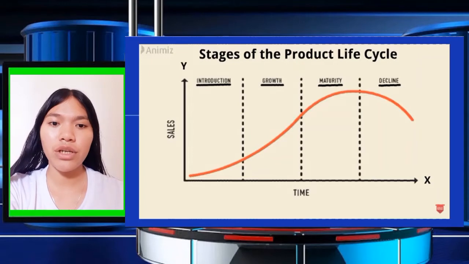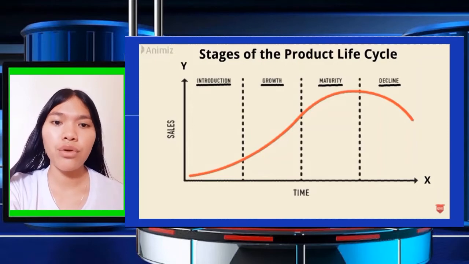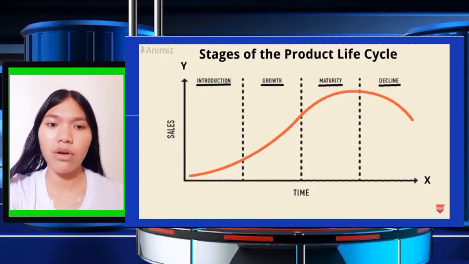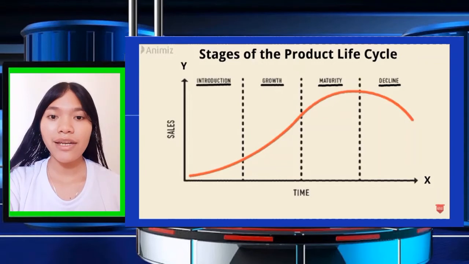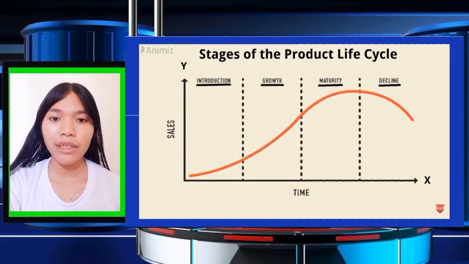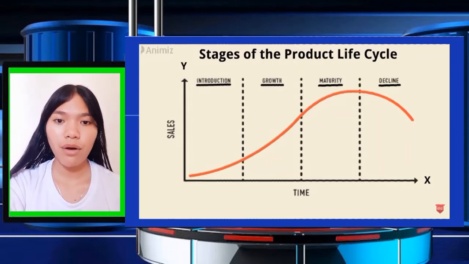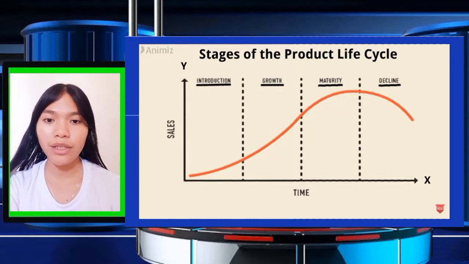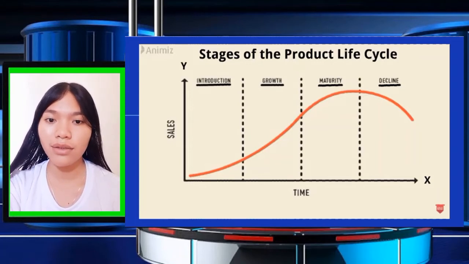If the competition of the product becomes high, the company has to invest in advertising and promotion to compete against competitors. So here in the growth stage, if the competition becomes high, a company should invest in advertising and promotion, activities for customers to notice or be aware that you have the product or services being sold.